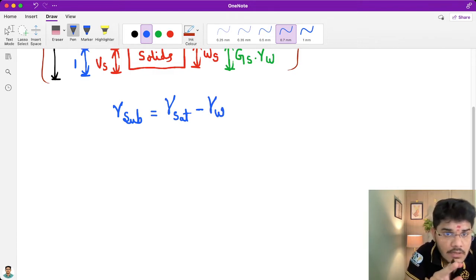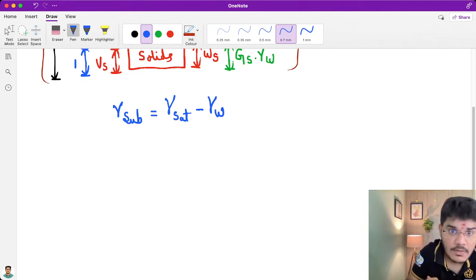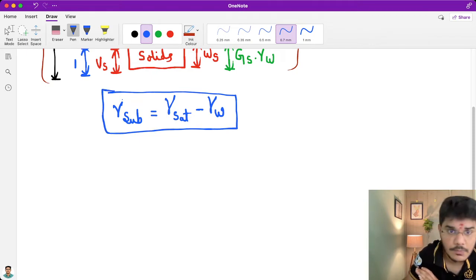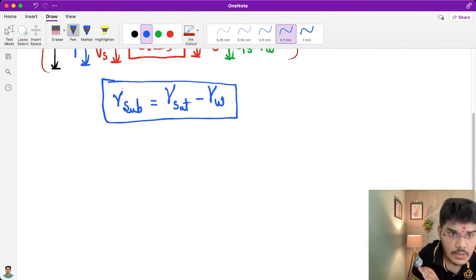While deriving this submerged unit weight, I have used one principle, that is Archimedes principle, and I have derived this submerged unit weight. So in the same way, here I will be doing the same thing. So gamma submerged is equal to gamma sat.